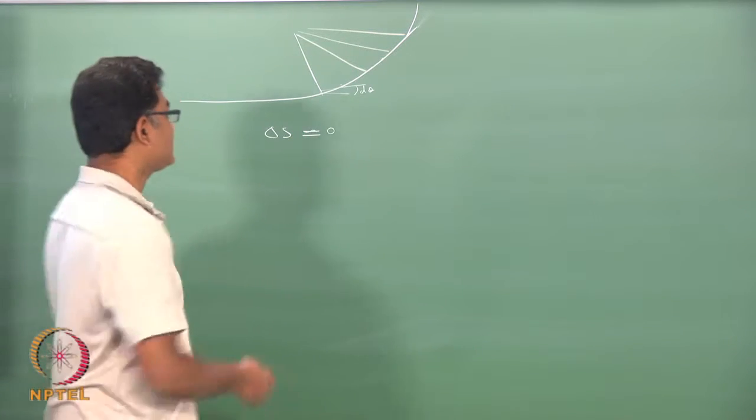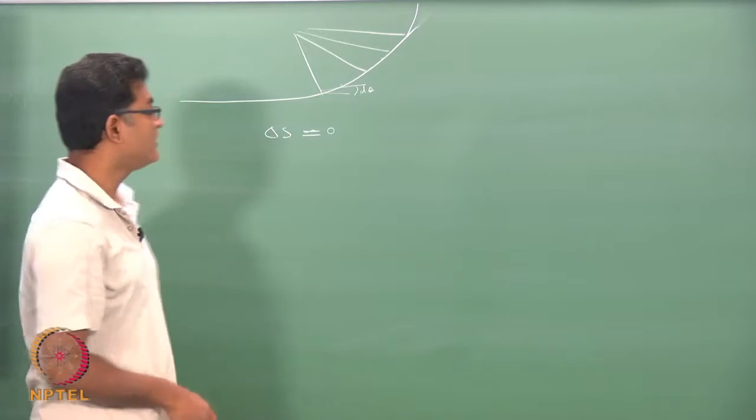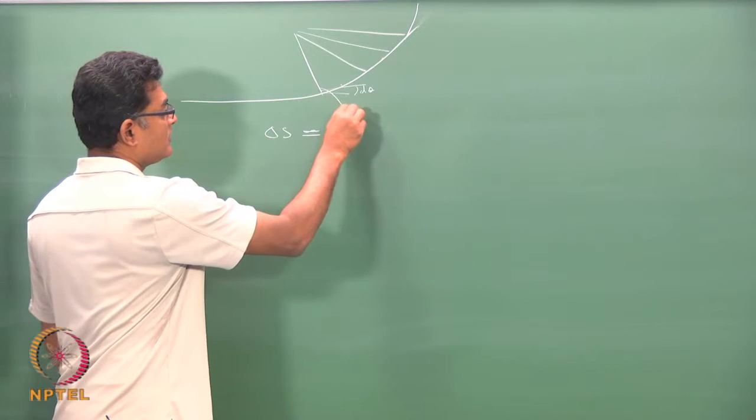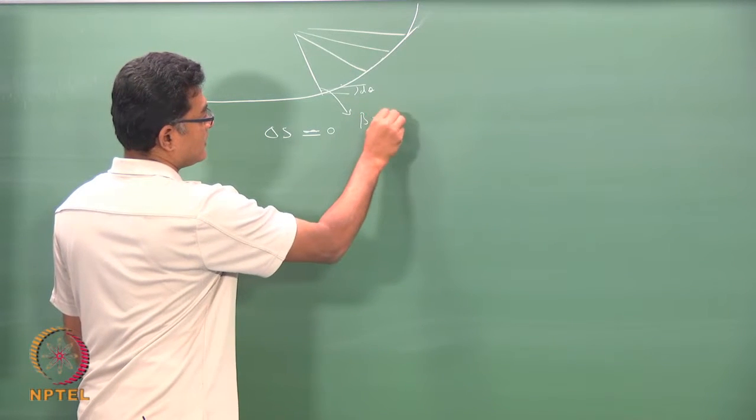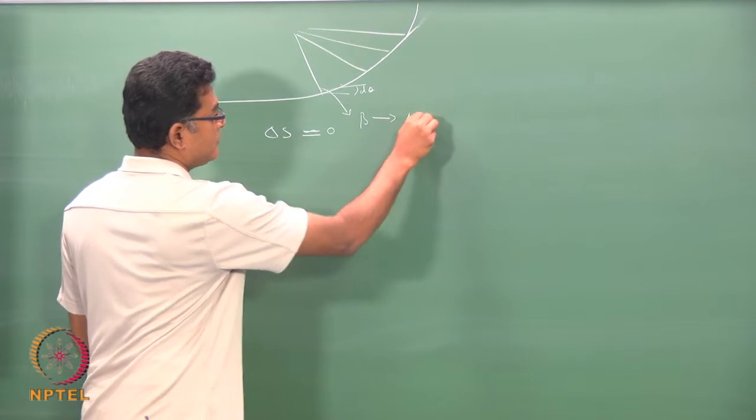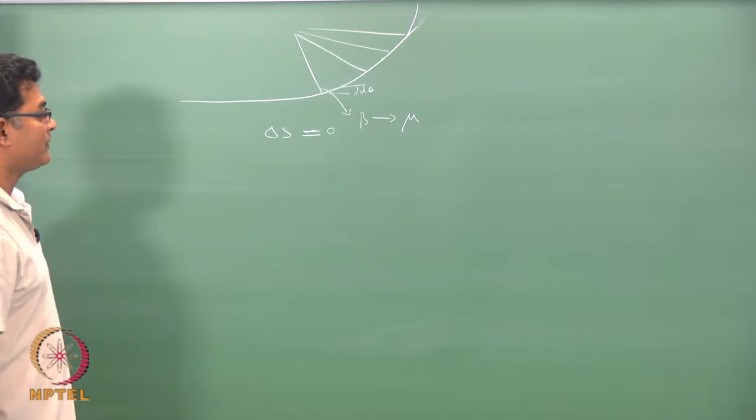Entropy change approaches 0 as d theta goes to 0, and the shock angle approaches your Mach angle. Okay, this is what we had seen.